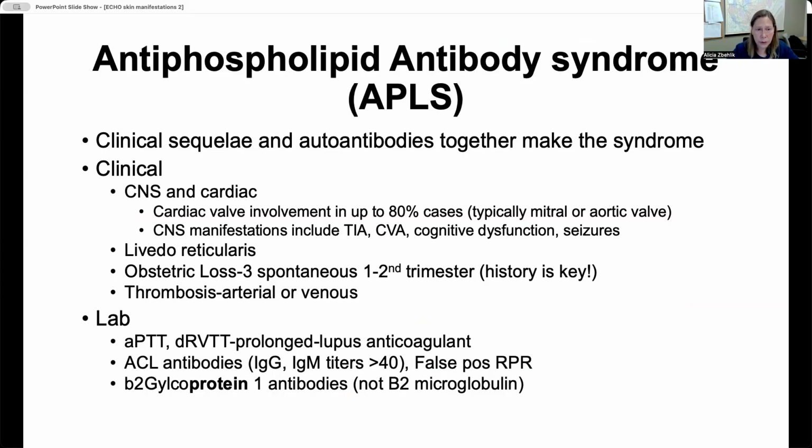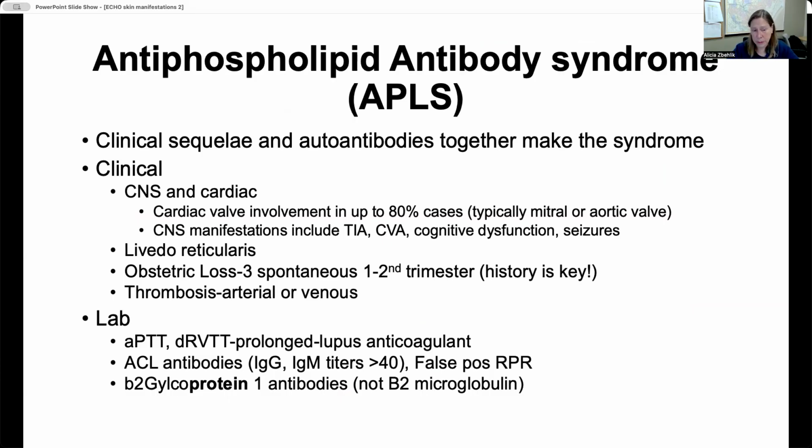And so things that we can find are CNS or cardiac involvement, the livedo, and part of the history that's really important is obstetric loss. So often when we see somebody, we don't think about that. But really dialing back in history, people may have had pregnancy losses and it doesn't get pulled out. So that's an important feature, and a history of thrombosis.